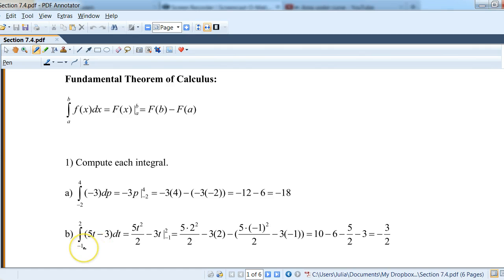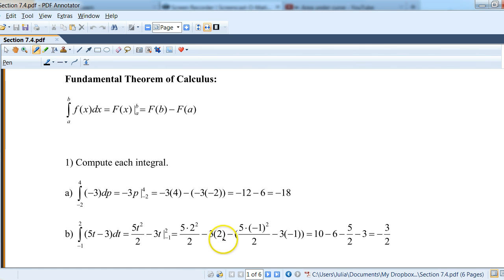But what about the next integral, from -1 to 2 of 5t minus 3 dt. Again, you integrate as usual, so we get 5t squared over 2 minus 3t, and we evaluate it from -1 to 2. Usually here I would clean this up if possible, but I don't think we can do anything. Next, we plug in 2 first, so 5 times 2 squared over 2 minus 3 times 2.